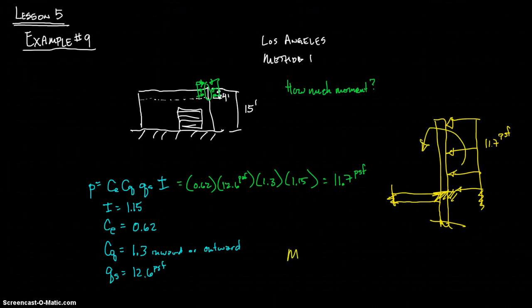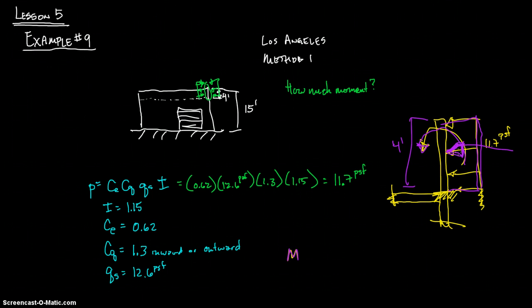Let's change colors. So how do you figure out the moment? Well, you take 11.7 times 4 foot, because it's 4 foot tall, and that gives you an equivalent load right in the middle, because that's where the equivalent load acts on a linear load like this.